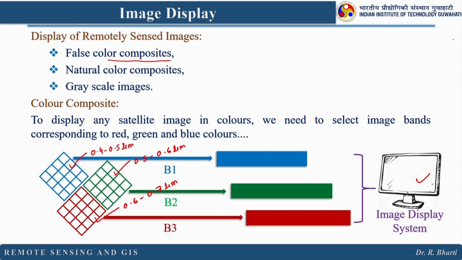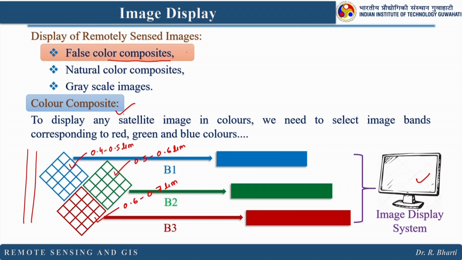If you display the images like this, those combined color images are known as color composites, right? Now we will see what we mean by false color composite, natural color composite and grayscale images.